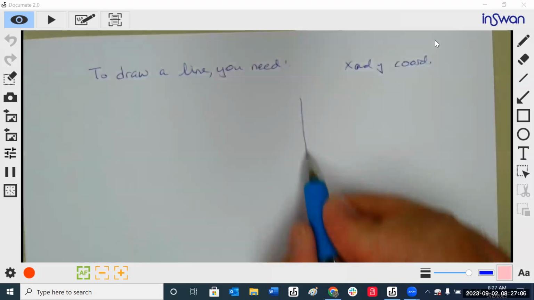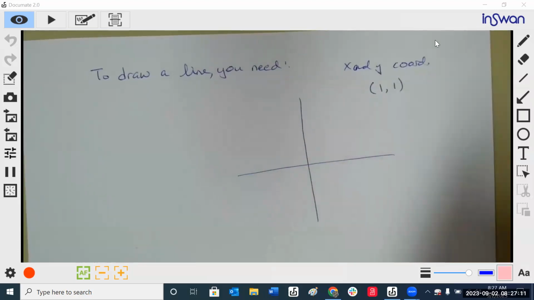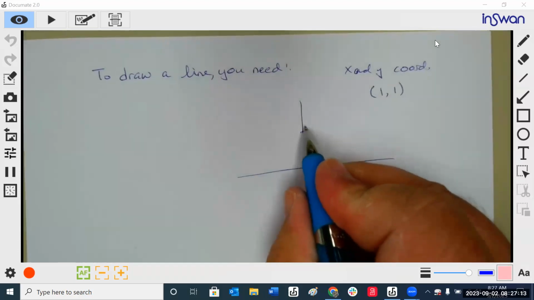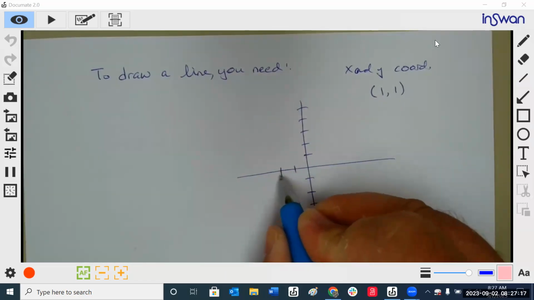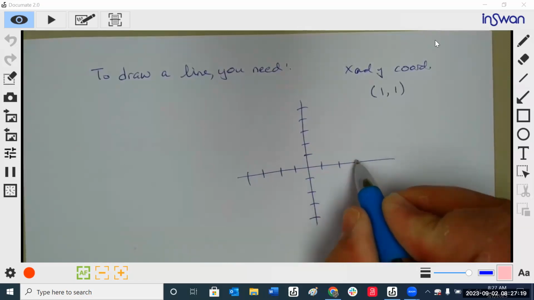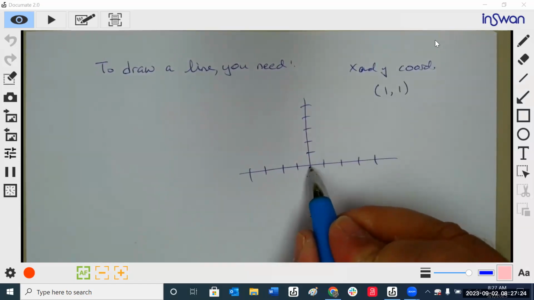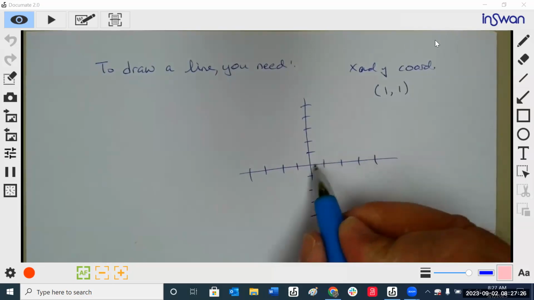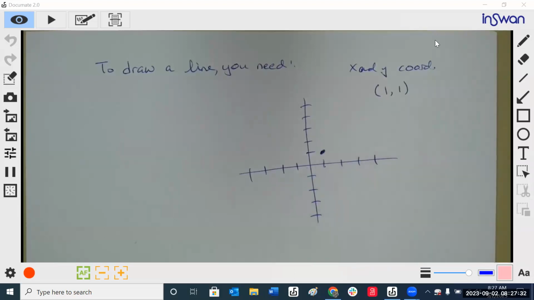So here's 1, 1. How do we plot 1, 1? Go right 1 and up 1. Can we draw a line there? Well, we can. We can draw an infinite number of lines.